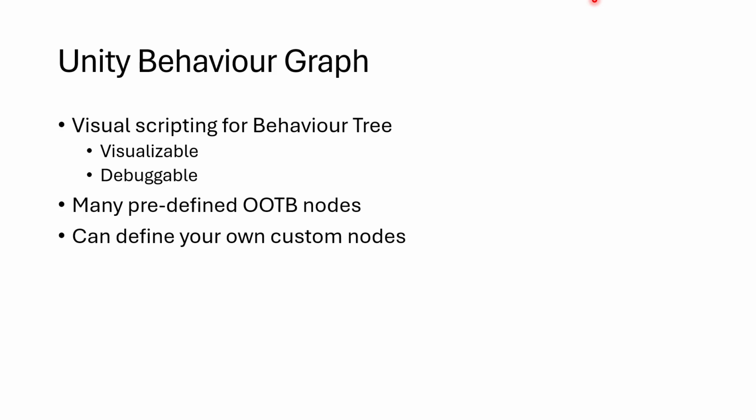It's debuggable because on every stage of this behavior tree execution, you can debug it and then it will show you what step of execution it is in and what state of that execution it is in. And it comes with a lot of predefined out-of-the-box nodes, and I'll show you later what kind of nodes they provide you with. And then it also gives you the tooling that allows you to define your own custom nodes if in case one of your behaviors isn't available in the predefined out-of-the-box nodes that we want to use.